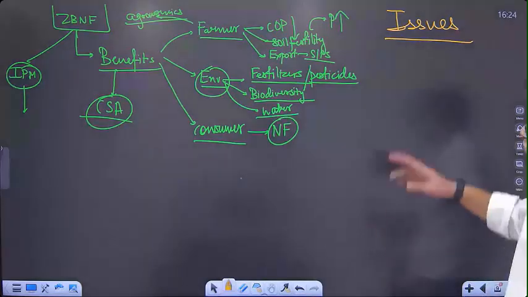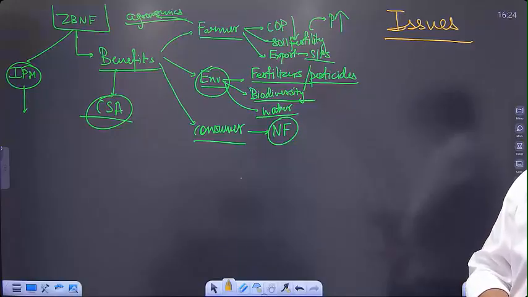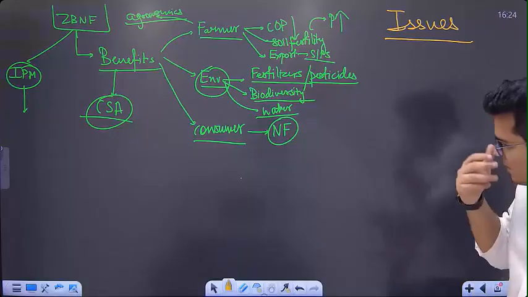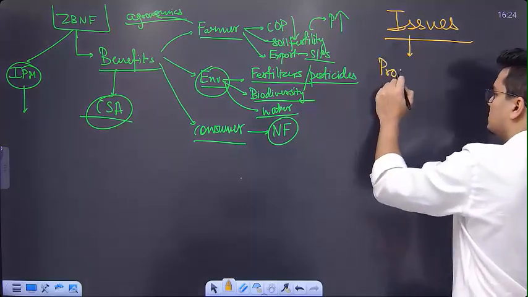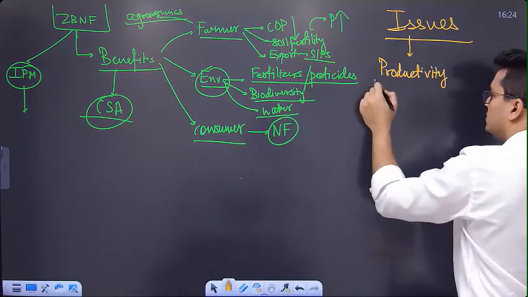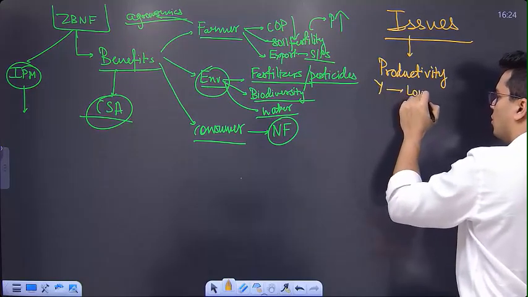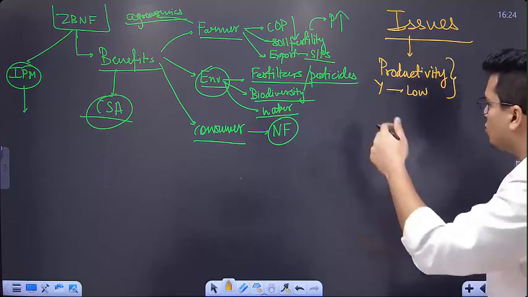What are the issues that plague zero budget natural farming? Good. The biggest problem is that the productivity increase that was promised is not there. The yield is still low.